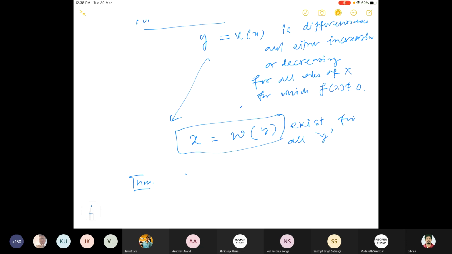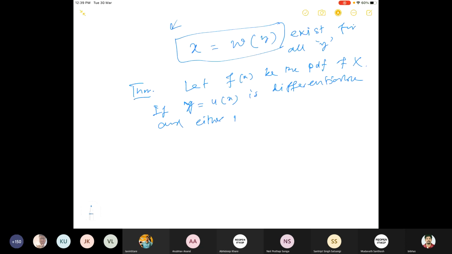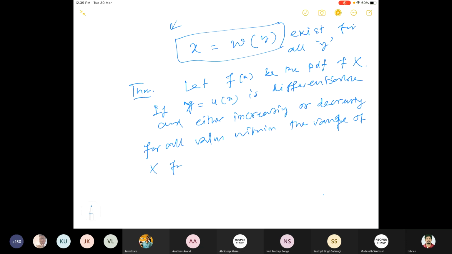and let's say either increasing or decreasing for all values, within the range of x, for which f_X(x) is not equal to 0.